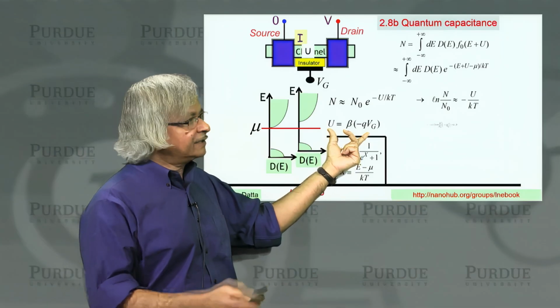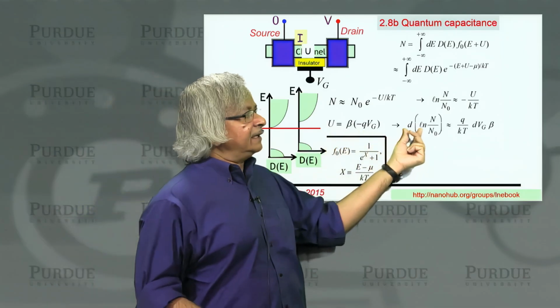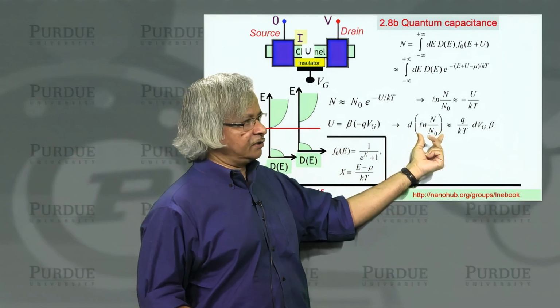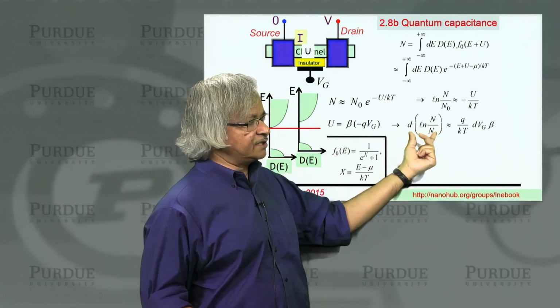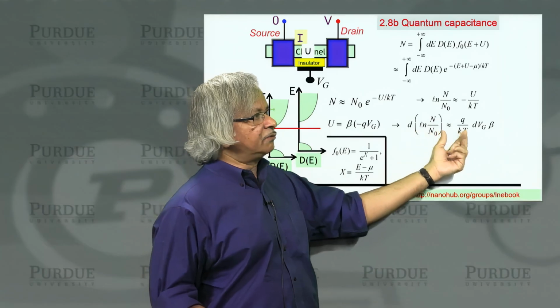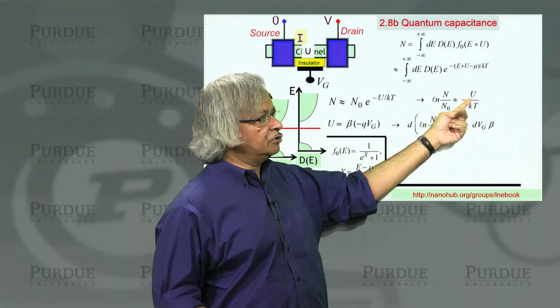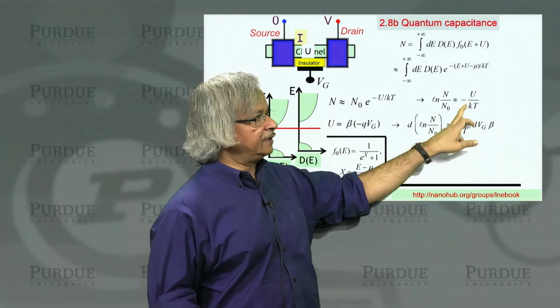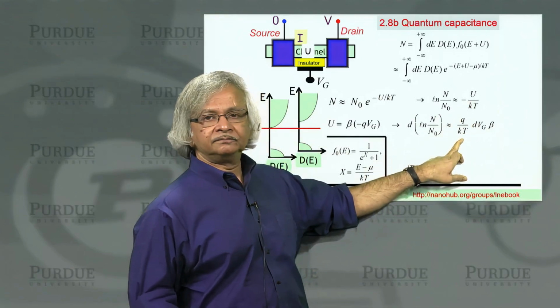So if you use that, we can write the change in this logarithm of n over n0, I'm taking d of this, means the change in this, is equal to the change in U, which is beta times the change in q times Vg, and then divided by kT like before.